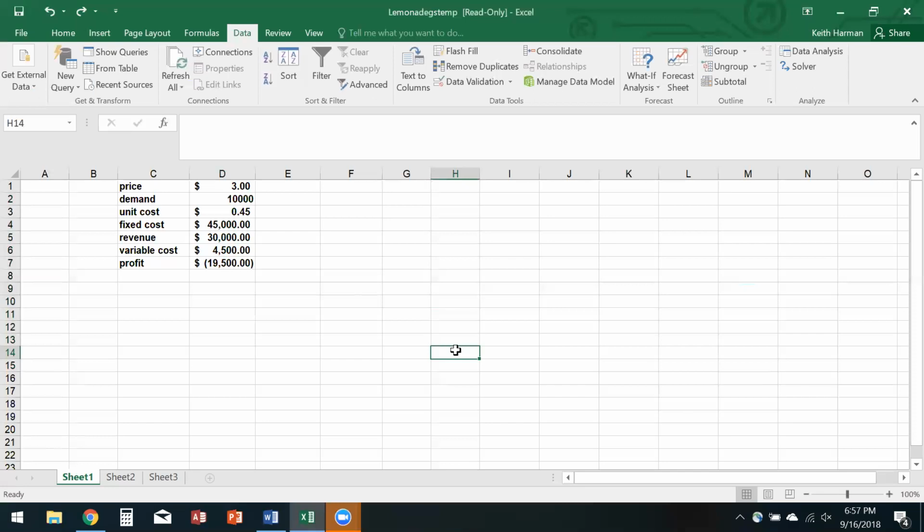This is powerful stuff. Think about how people get the space shuttle up. Well, a lot of math. Business people have at their disposal today the most powerful tools they've ever had to try to figure out what things will look like if I do this or this or this. So Goal Seek lets us get our feet in the water using that.